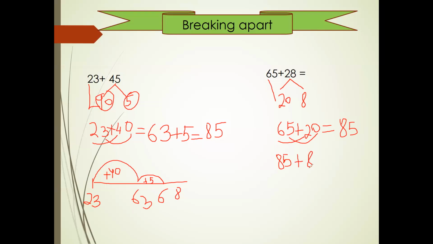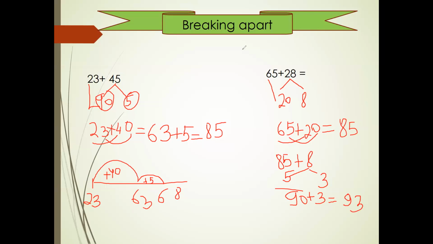Also, you may break apart. How many more you need to get 10? You may add 5 and 3 if you want, if you remember how to do it from grade 1. So it will be 90 plus 3, it will be 93. Later, the strategies you will be using for mental math, so for counting in your head. 93, okay?